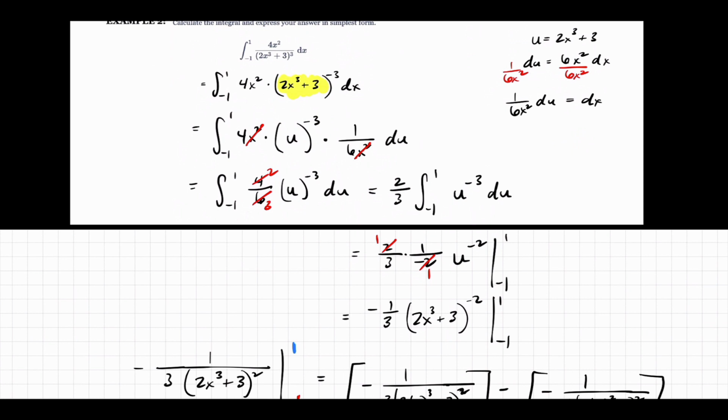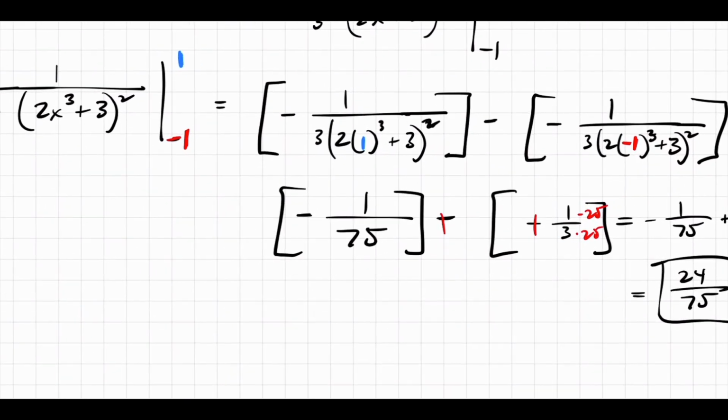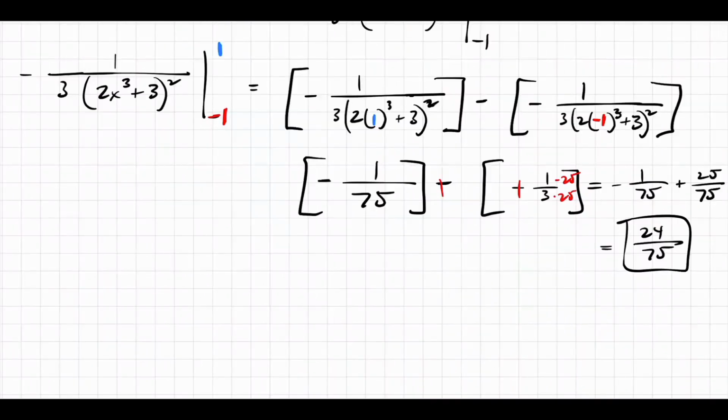that students tend to struggle with. Now, I don't want to say struggle with. It's just, honestly, this part right here is where I see most of the mistakes happening. And that has nothing to do with calculus, that's like Math 1 stuff, right?